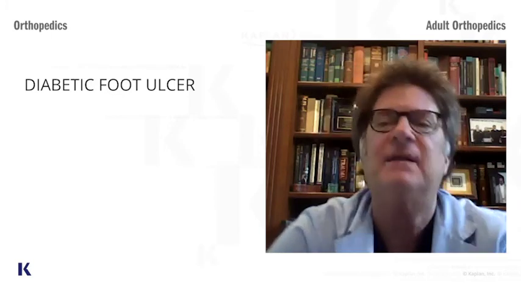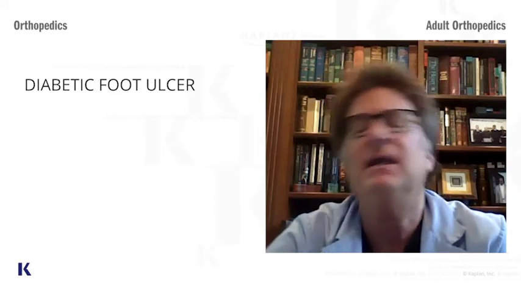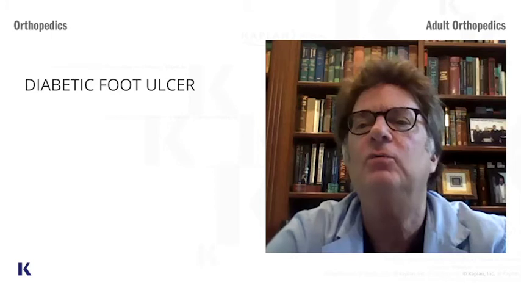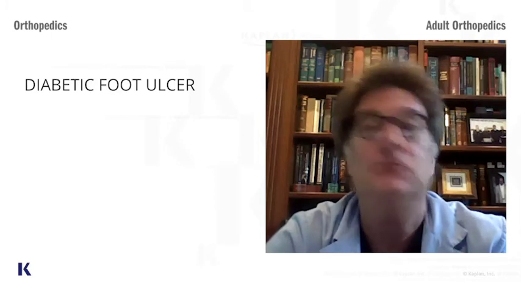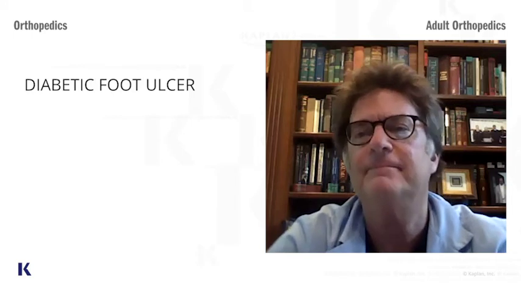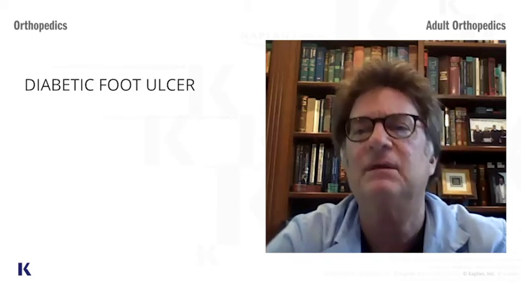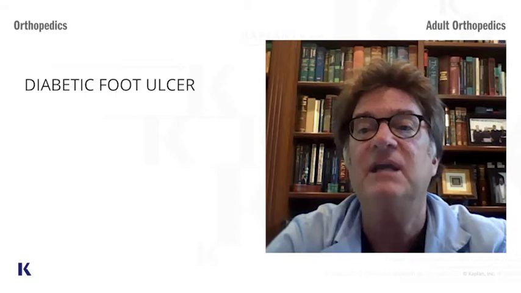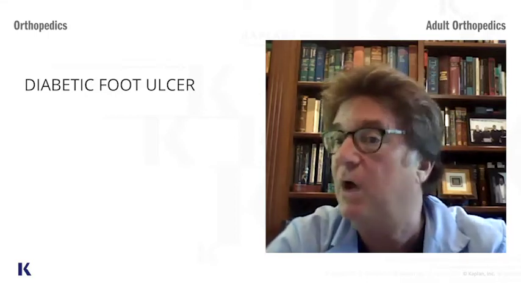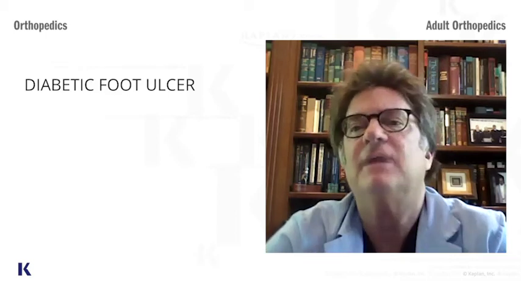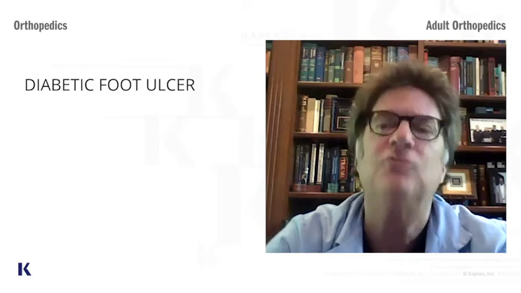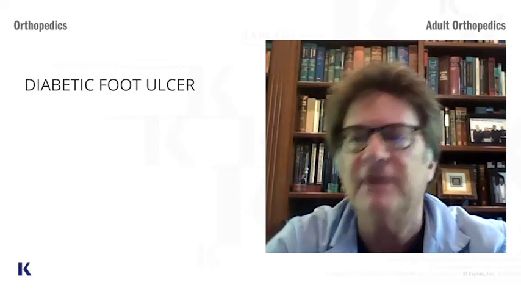Guys, if you had a stone in your shoe, how long would it take you to notice it and take out that stone? Seconds. A diabetic has neuropathy. And even though they have compromise of their vascular system as well, it's the neuropathy that makes them not feel it. And that's why they get diabetic foot ulcers.